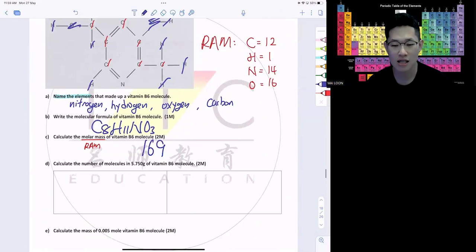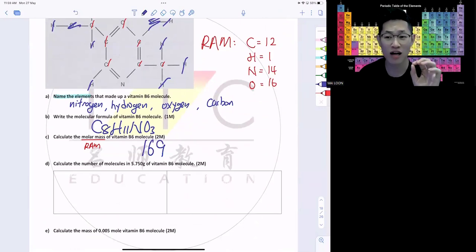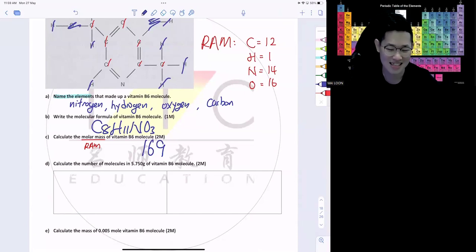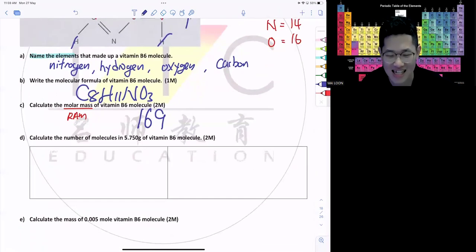What's the unit, guys? If you can't get the correct unit, your answer is also wrong. What's the unit for molar mass?